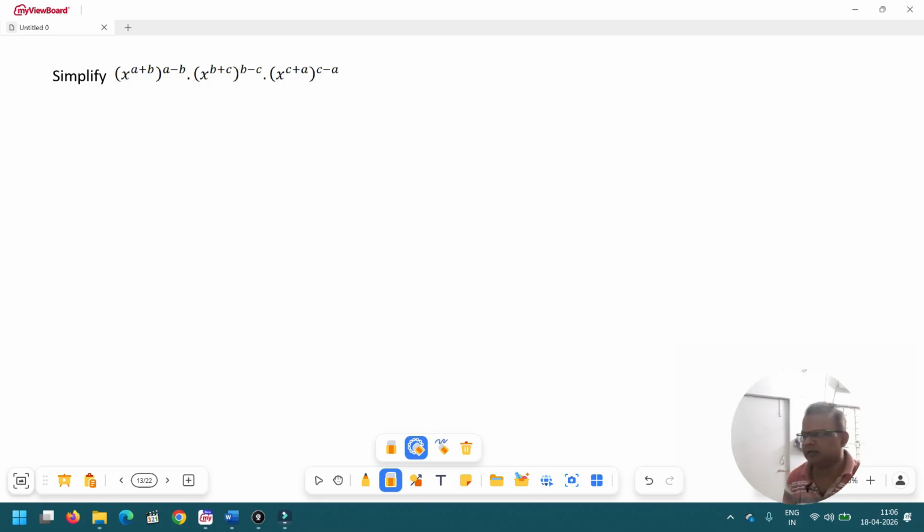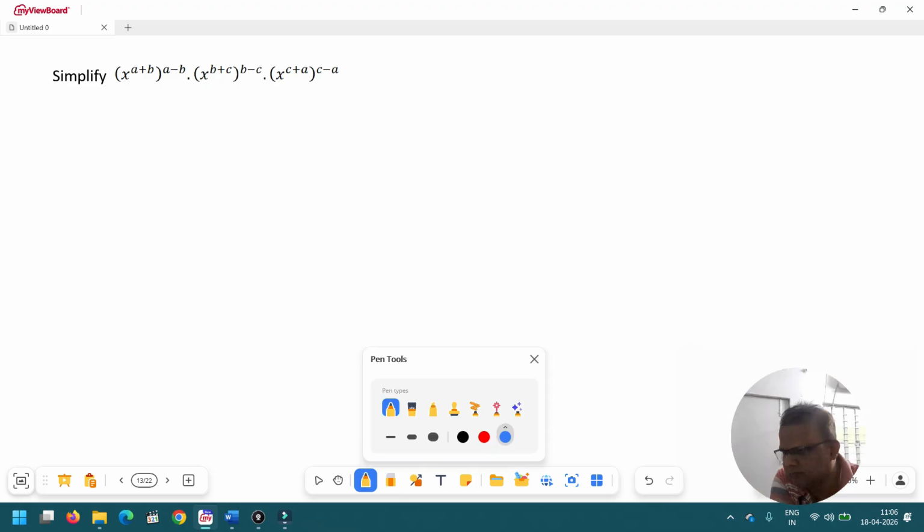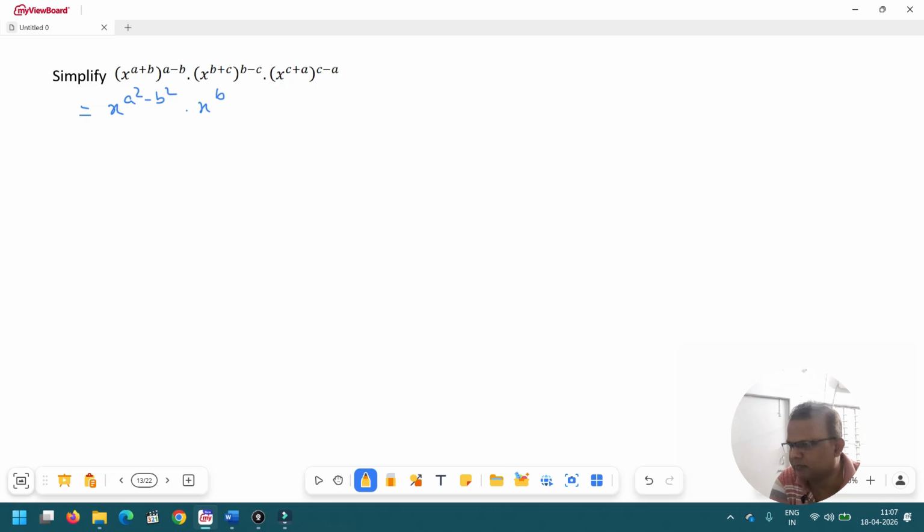Now consider this next question. This is power square minus b square into b square minus c square.